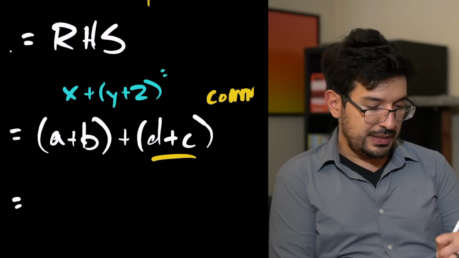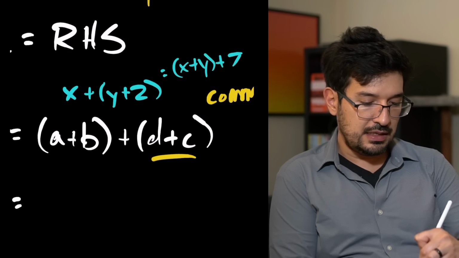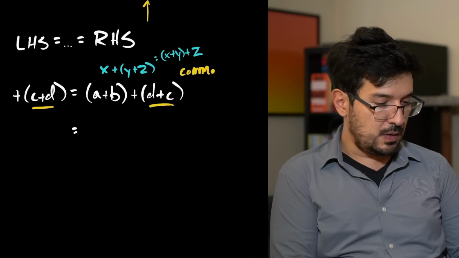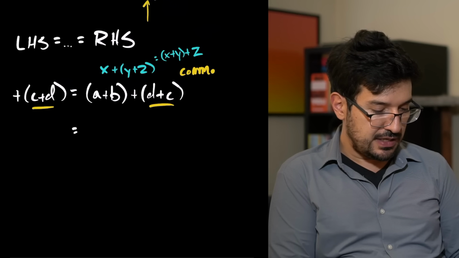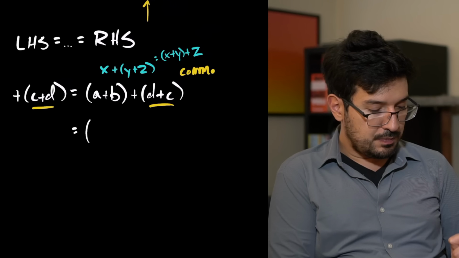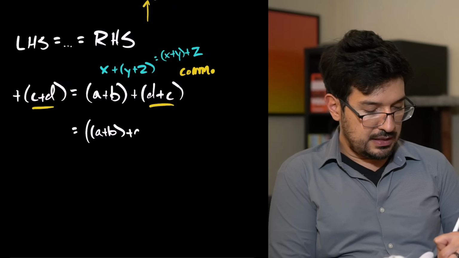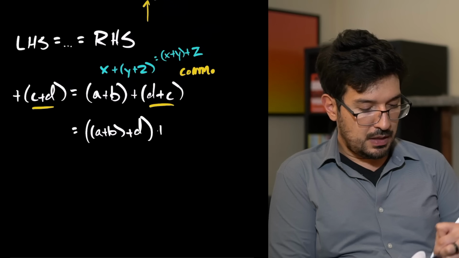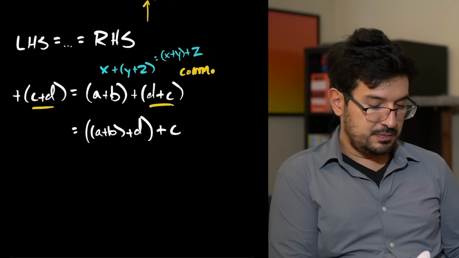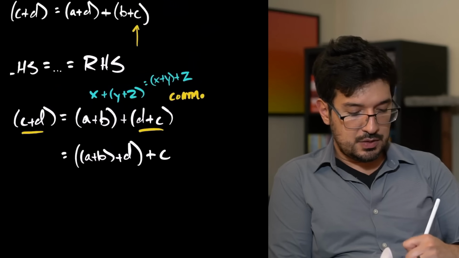We can rewrite that as x plus y plus z. So, by associativity, I know that this is a plus b plus d plus c. This is by associativity.